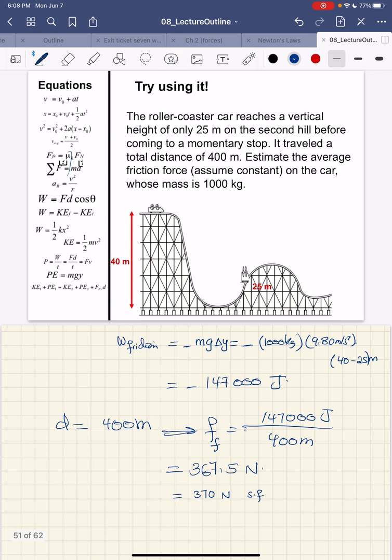Now the work done by friction is going to be minus mg times delta y, because I can simply say here, let me write this on the side, EI plus work done by non-conservative should equal E final. And I will say then EI minus E final equals the work by non-conservative.